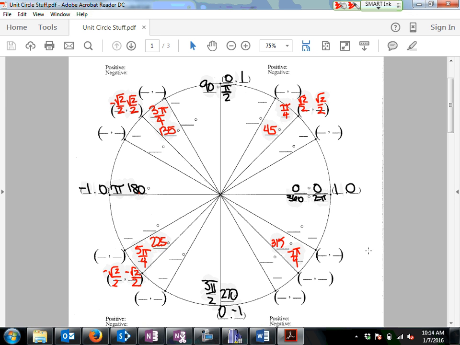Okay. And looking at this triangle, to get to our coordinate, we move to the right, radical 2 over 2, and then down, radical 2 over 2. So, our coordinate is positive radical 2 over 2, negative radical 2 over 2.